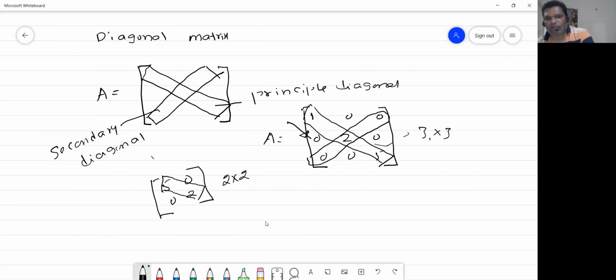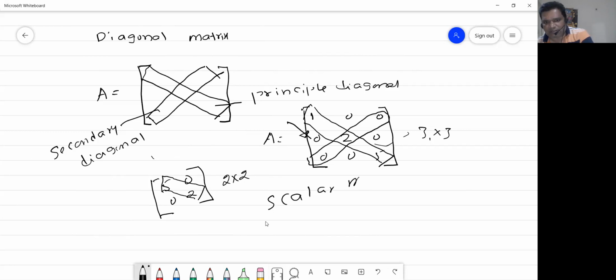Now, next we'll go for a scalar matrix. What is a scalar matrix? A scalar matrix is also a diagonal matrix in which the elements on the principal diagonal are all equal. Now I am defining a scalar matrix.